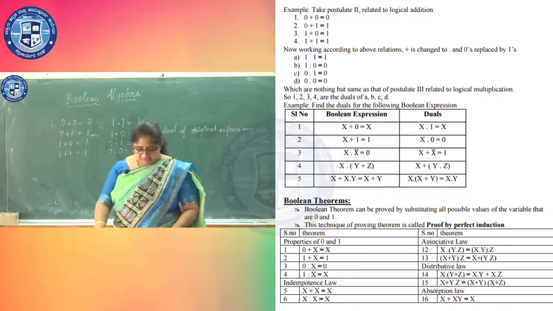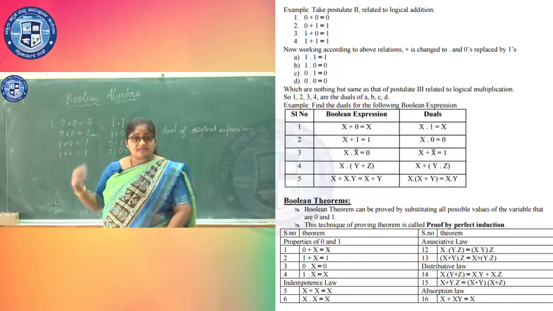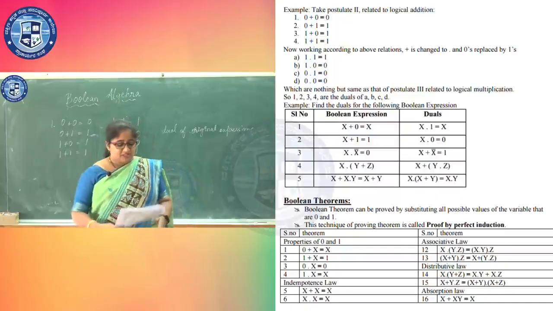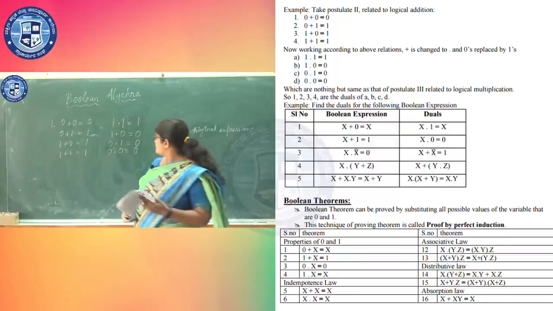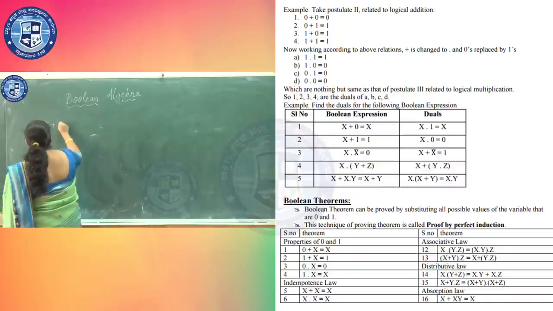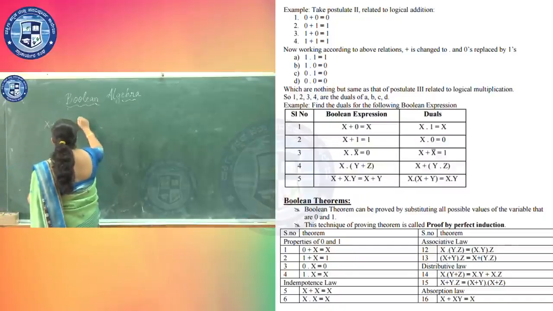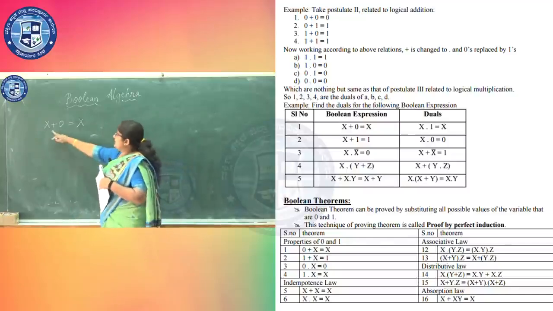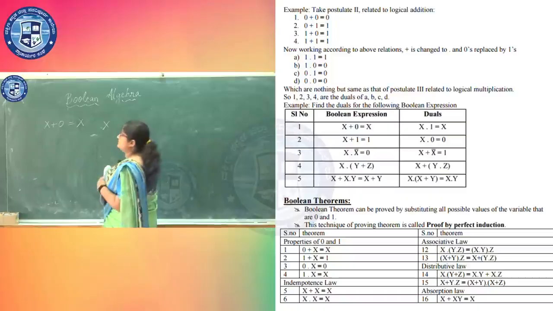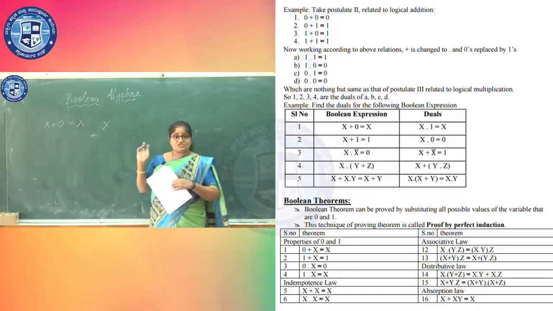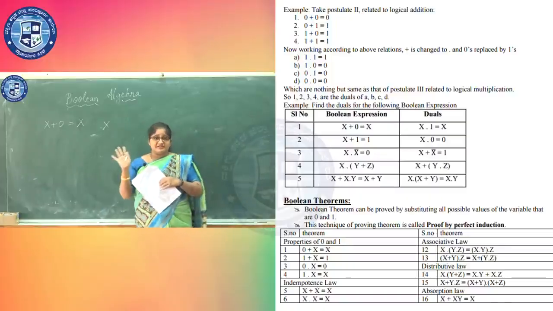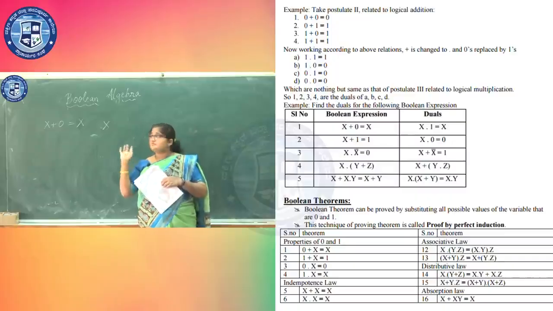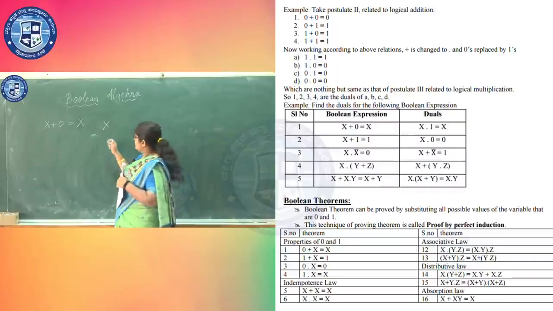Next, we have some examples. Look at the table. Boolean expression x plus 0 is equal to x. What can be the dual of this expression? X we will have like that only, because there is no rule to change the variables. We will only have to change the signs plus and dot, and 0 and 1.